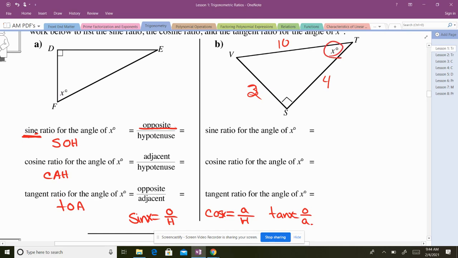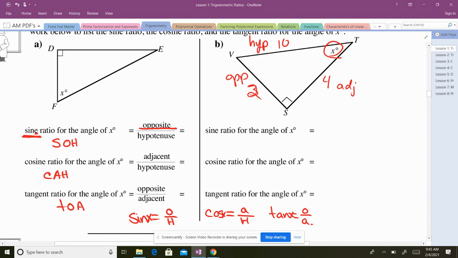So first thing you do is label the sides of a triangle. If that's our angle, where's the opposite side? The 2. Where's the adjacent? 4. And the hypotenuse is 10.